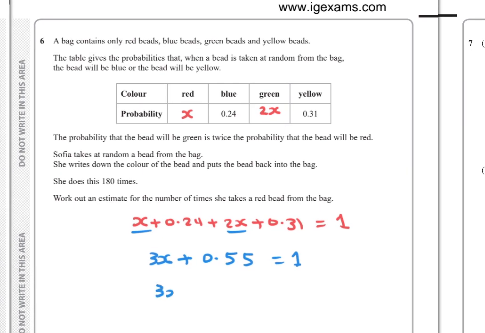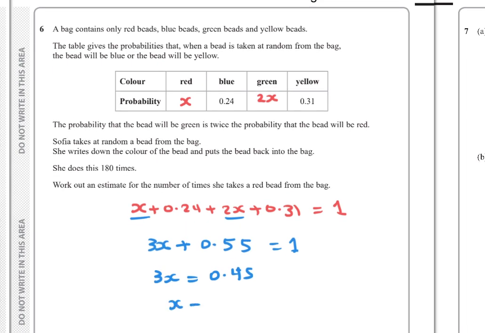Now 3x equals, transpose 0.55 to the other side by negative. So 1 minus 0.55 equals 0.45. Divide by 3. So x equals 0.15. So now the probability of red is 0.15. Probability of green double, so 0.30.